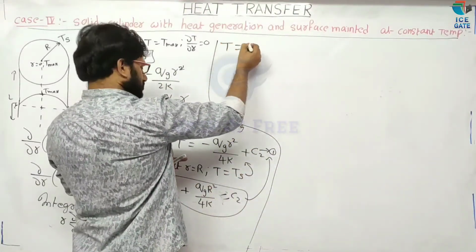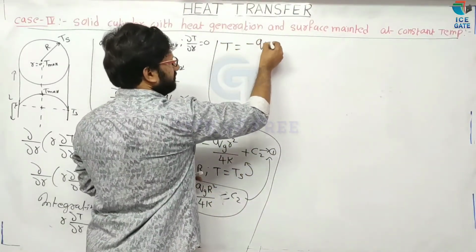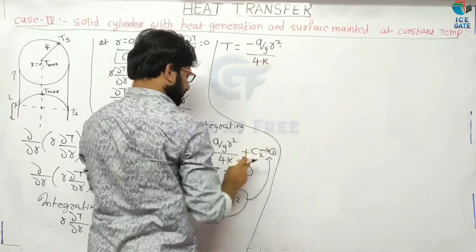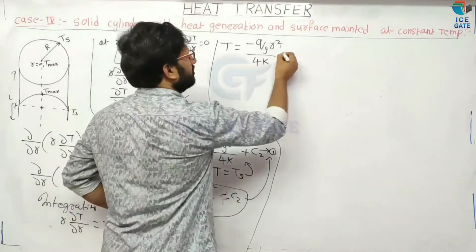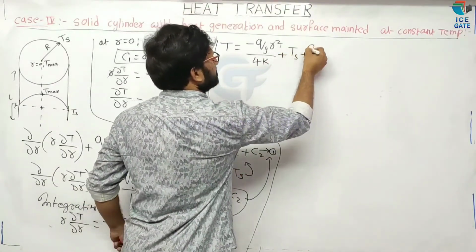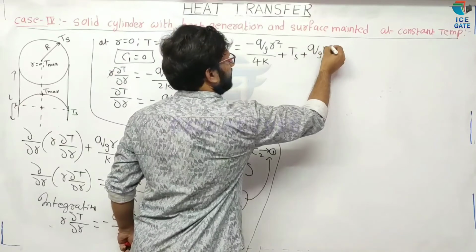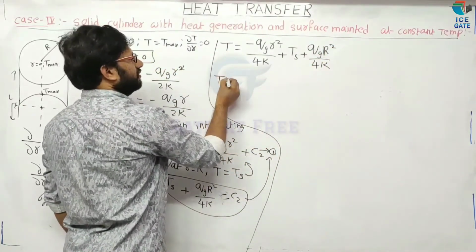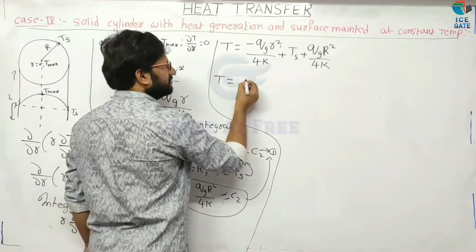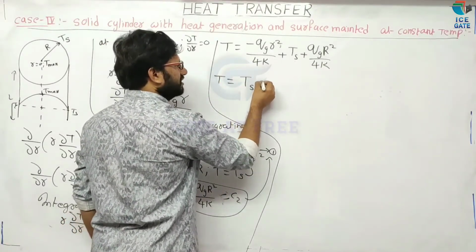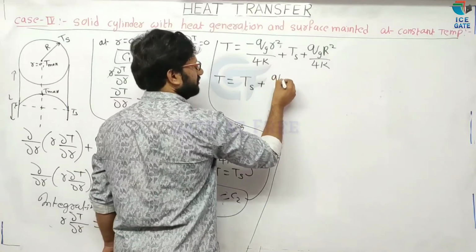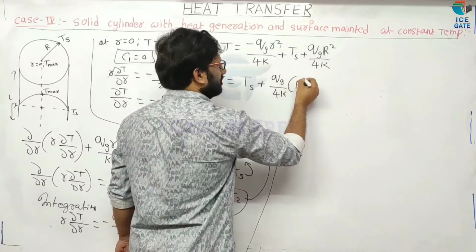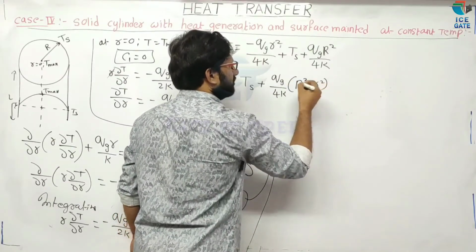Now T equal to minus qg r square divided by 4k plus C2. Now what is C2? Ts plus qg capital R square by 4k. Therefore the temperature profile, temperature distribution T equal to Ts plus qg by 4k into capital R square minus small r square.